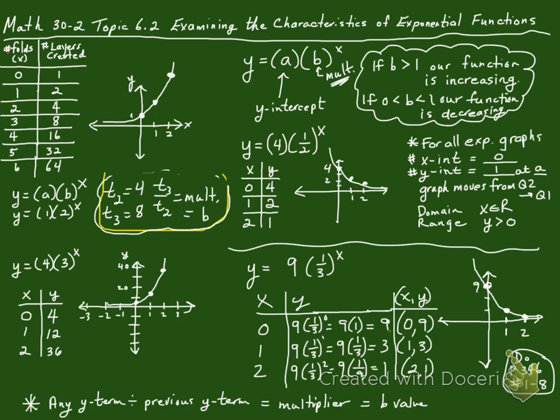That's our multiplier. It's going up by 2. Every number in the second column is multiplied by 2, and that's our b value. Well, let's look at our second graph. It goes 4, then 12, then 36. Every number is being multiplied by 3. So it appears that b is our multiplier.